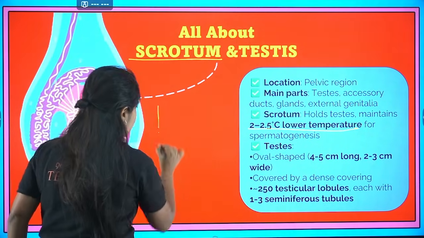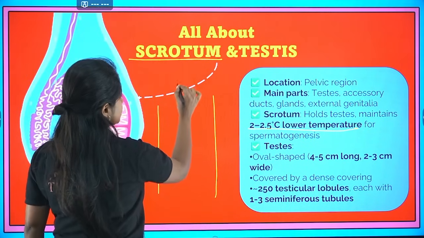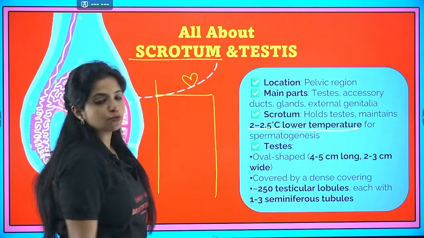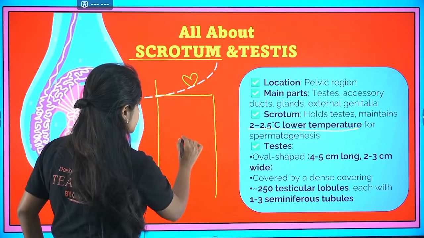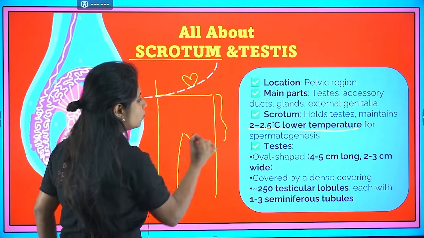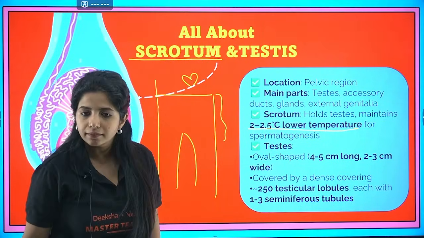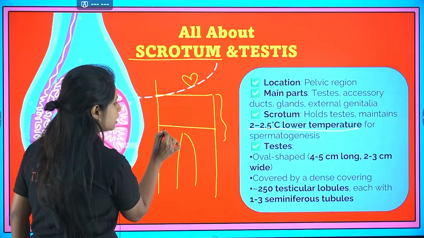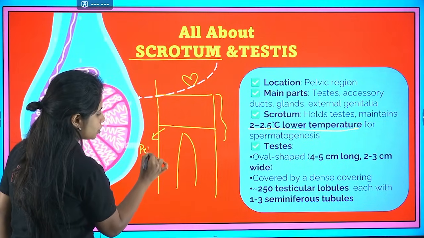So if I say that this is a man, over here he has his heart and everything. Here ends a cavity that is known as the thoracic cavity. Now below this you have the abdominal cavity. In the abdominal cavity, this lower area has a specific name: the pelvic region.